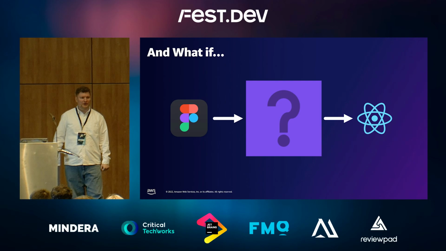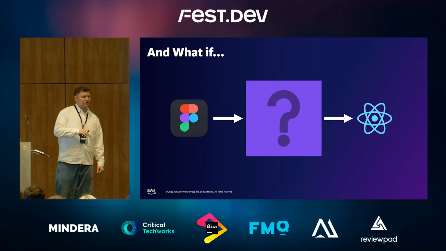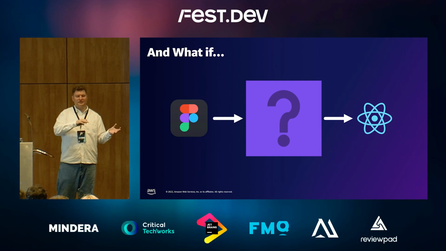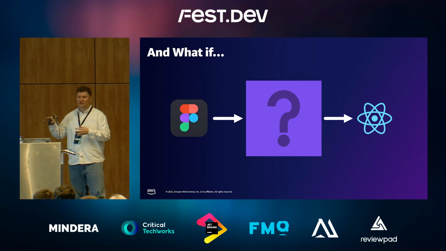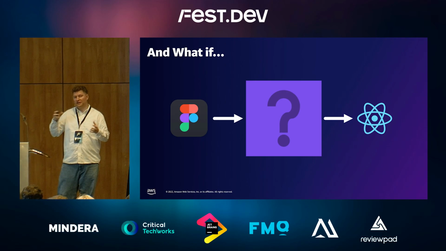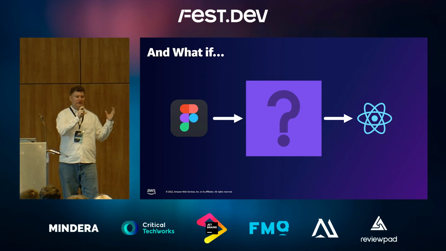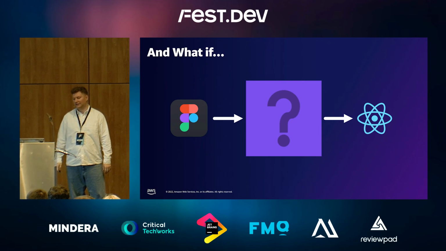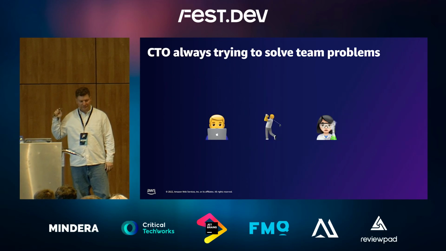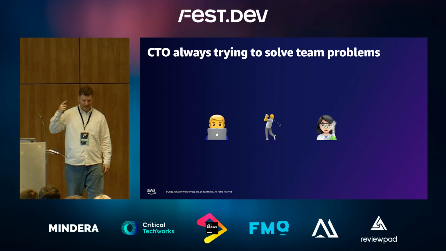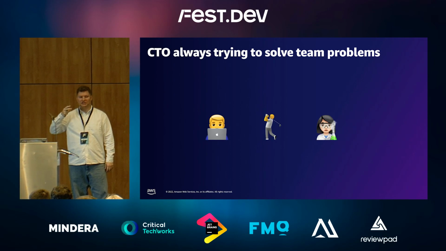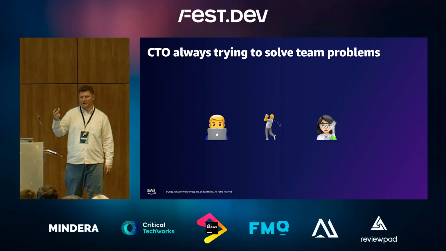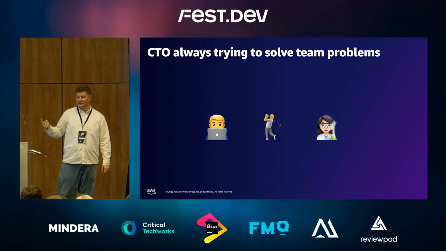And what if we had something to help designers and front-end developers iterate and collaborate between them? So we have mockups in Figma, and we need to create them in React. And the challenge which we need to solve inside the team, our CTO can solve.